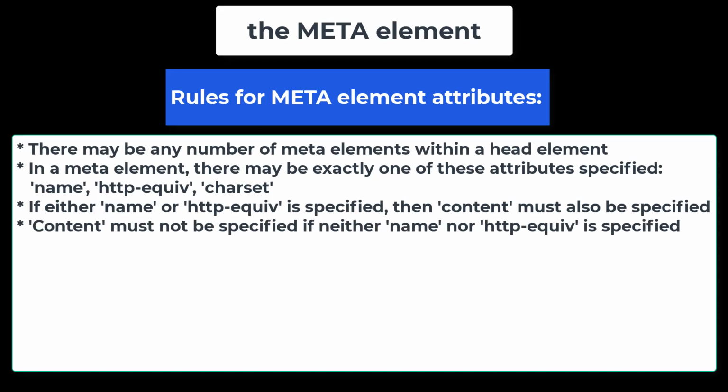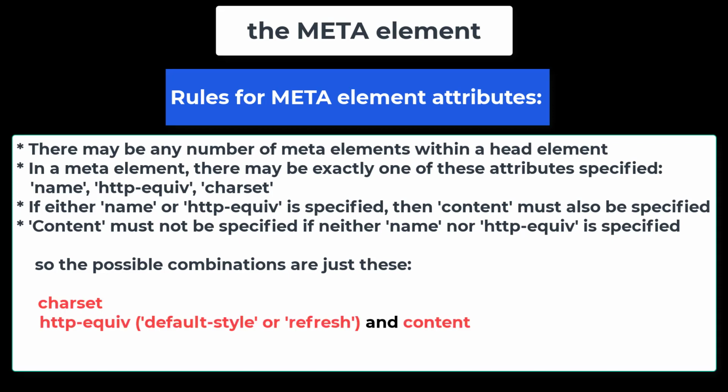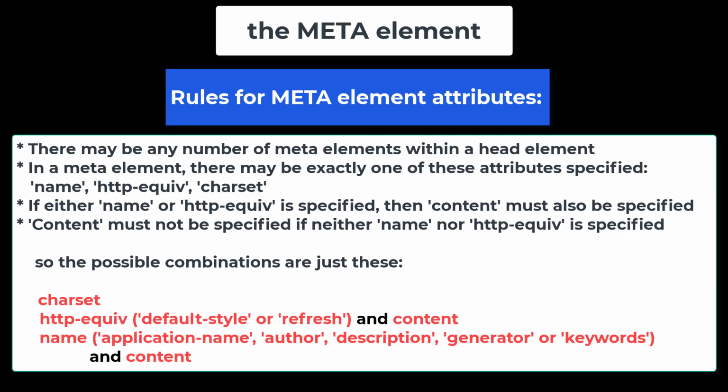Content must not be specified if neither name nor HTTP equiv is specified. So the upshot of this is the possible combinations are just these: charset, HTTP equiv with default style or refresh, and content, or name with application name or author or description or generator or keywords, and then content.